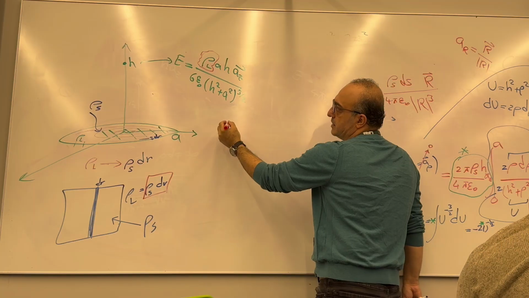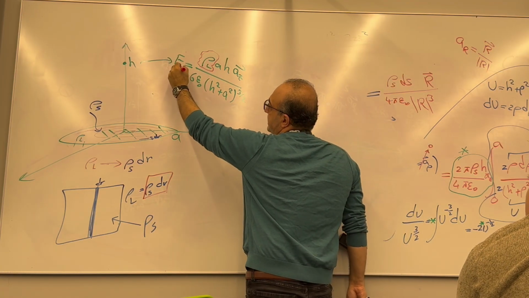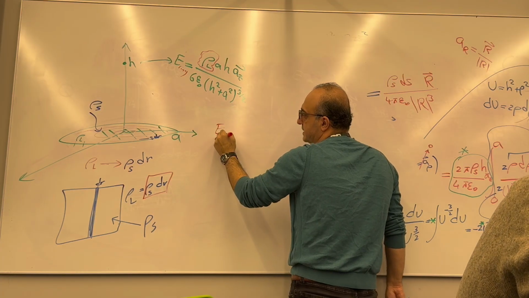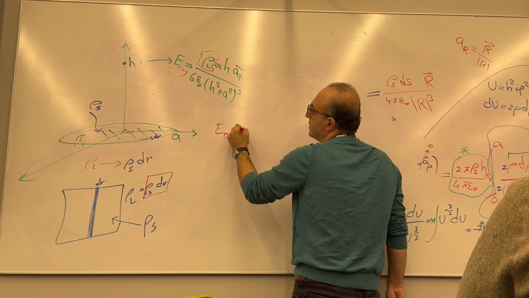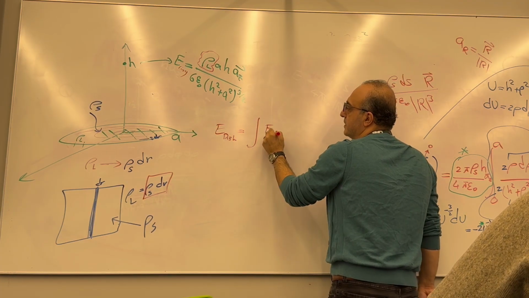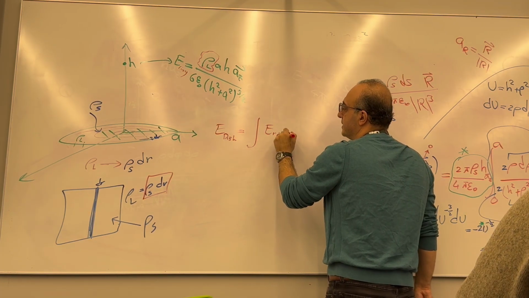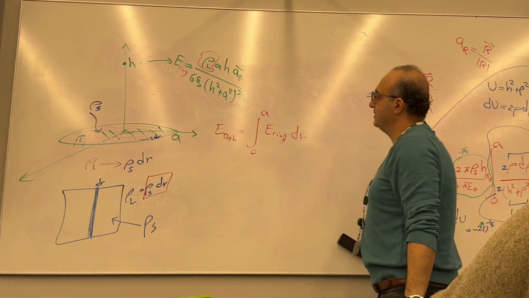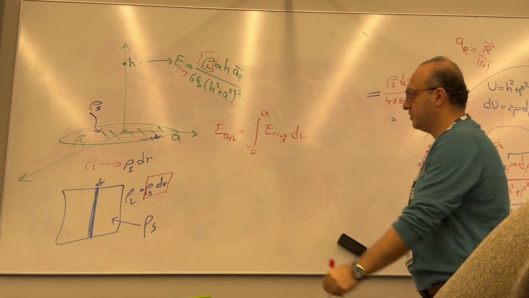Then, this is the ring. This is a disk. This is going to be the integral of ring dr from 0 to A. Correct?